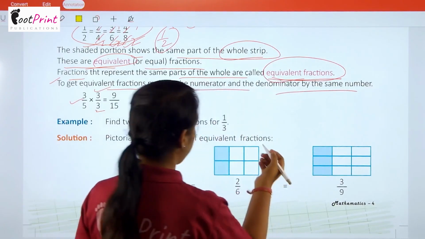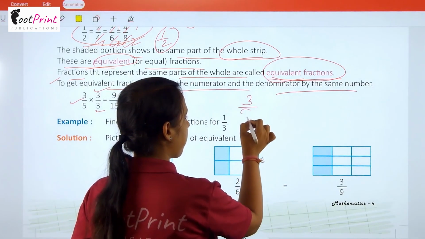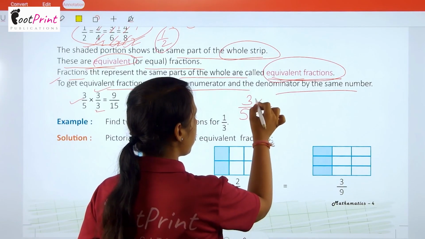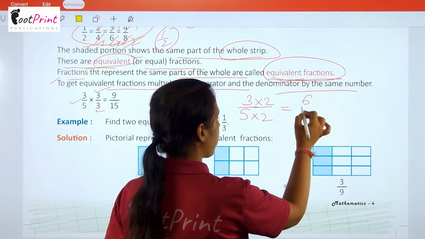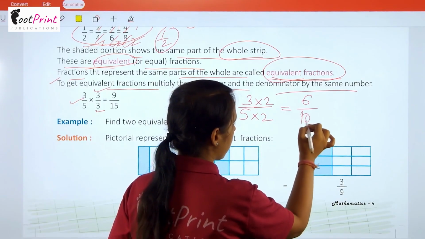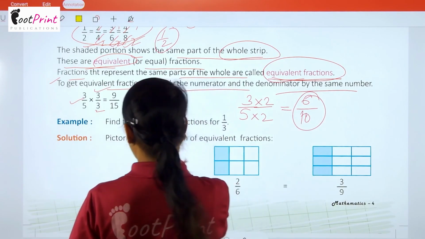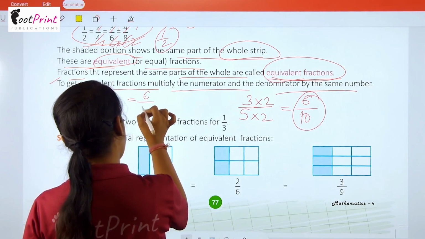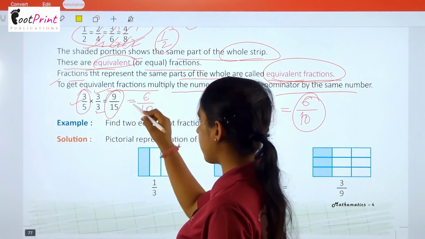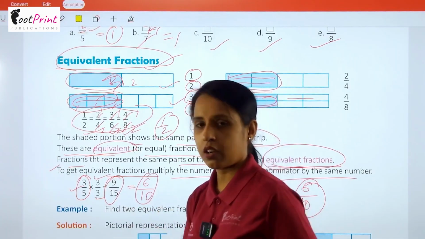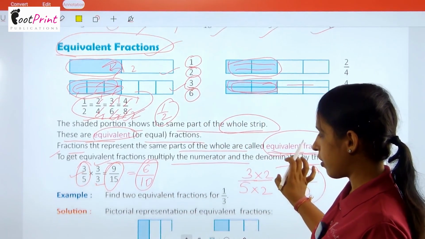If I multiply 3 by 5 by 2, both denominator and numerator, it will become 6 upon 10. It means we can say that 3 by 5, 9 by 15, 6 by 10 are all equivalent fractions.